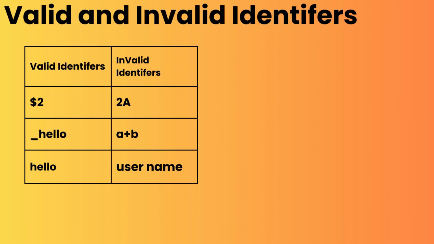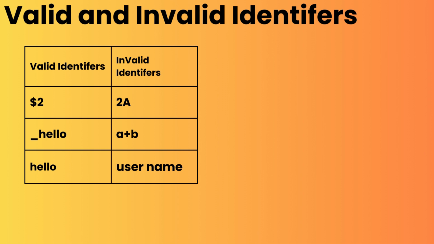We can see some examples of valid and invalid identifiers. In the first column we can see the valid identifiers: $2, underscore hello, hello. In the second rule we have seen that identifiers must start with a dollar, an underscore, or an alphabet.